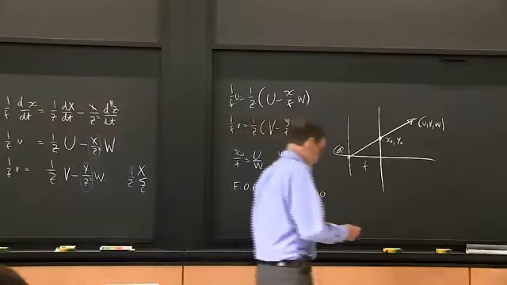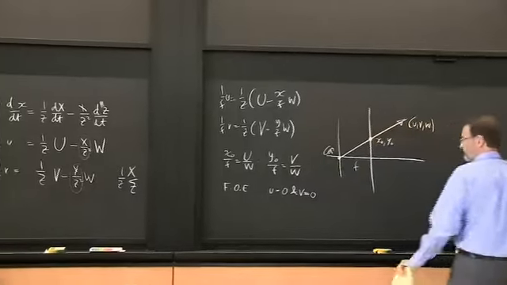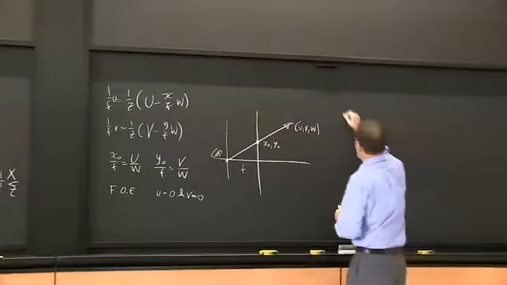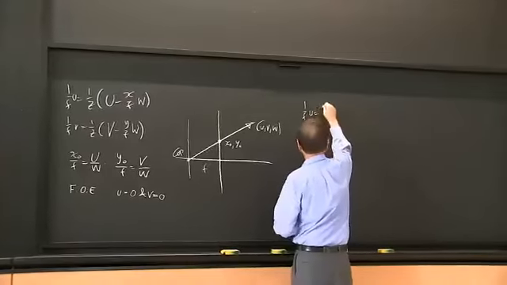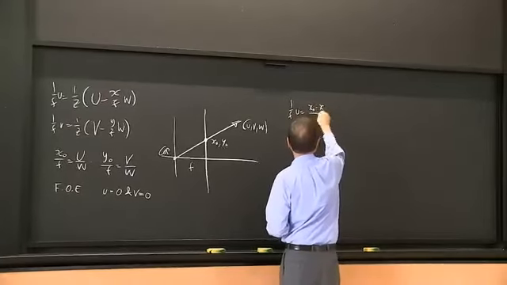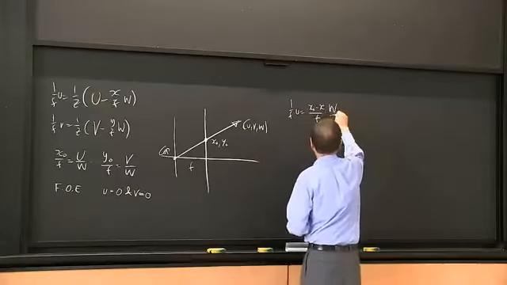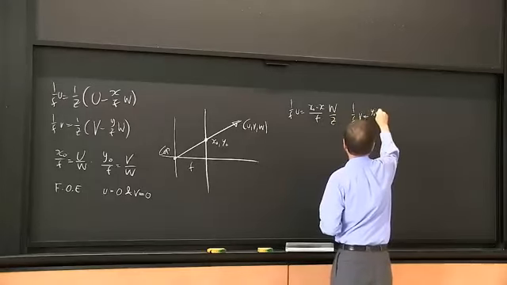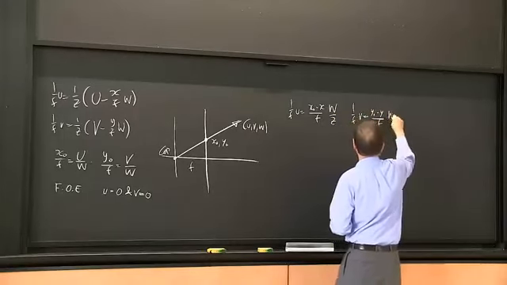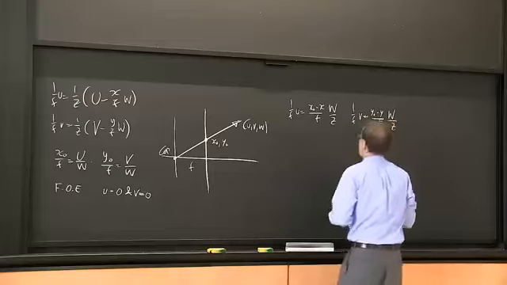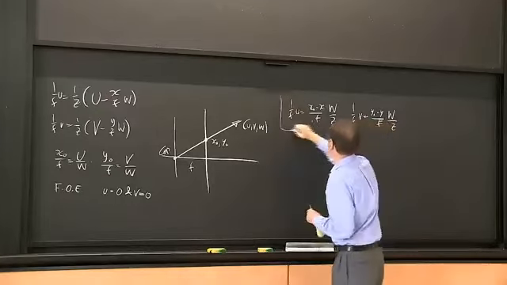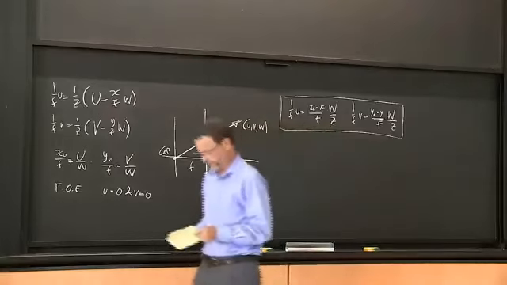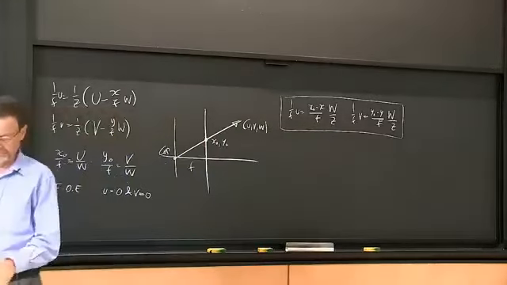inverting that process. Okay, now once we have the focus of expansion, we can rewrite those equations yet one more time. And so there are a couple of things there that are of interest.